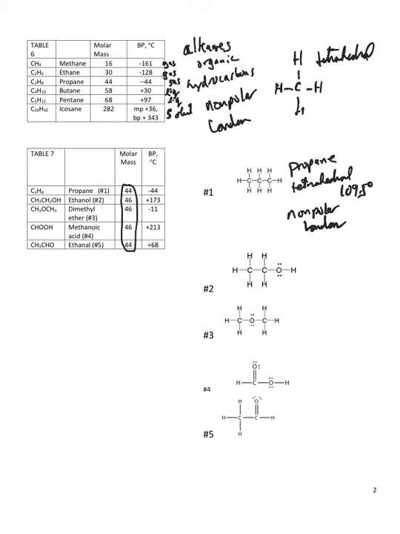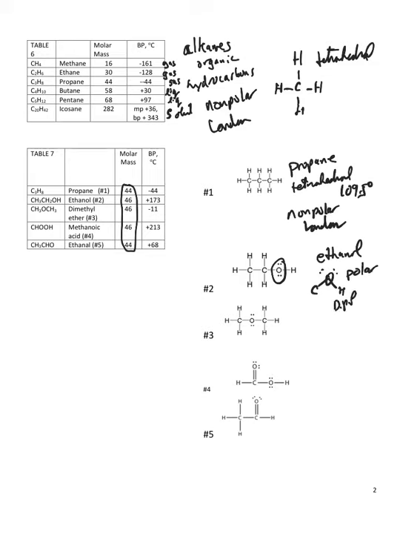The next one is ethanol, or ethyl alcohol. We now have oxygen in there. That oxygen has 4 sets of electrons, so around that oxygen it's really a bent molecule, and so the molecule is going to be polar.